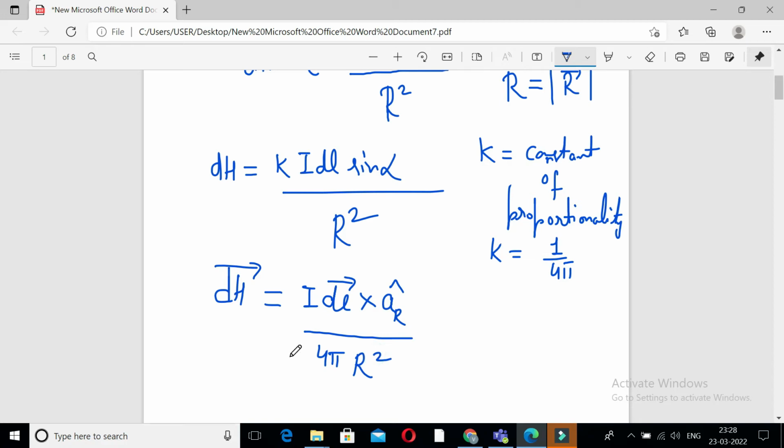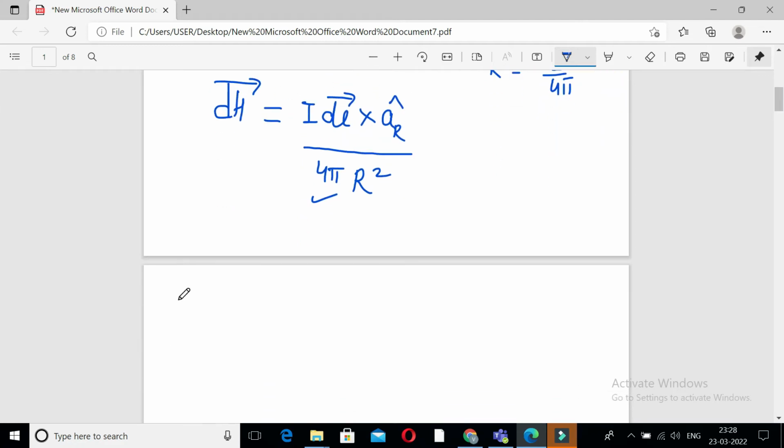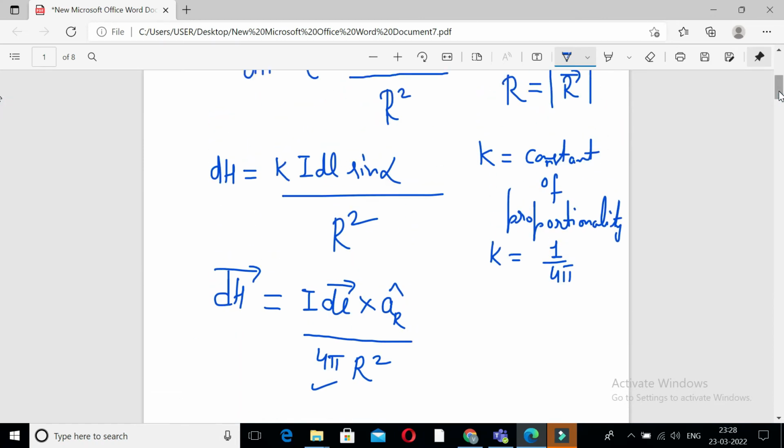How to write this one? Here k is equal to 1 upon 4 pi, which is correct. So we know A cross B is equal to AB sine theta. Here theta is the angle between A and B. Here the angle is alpha between this vector and this vector.